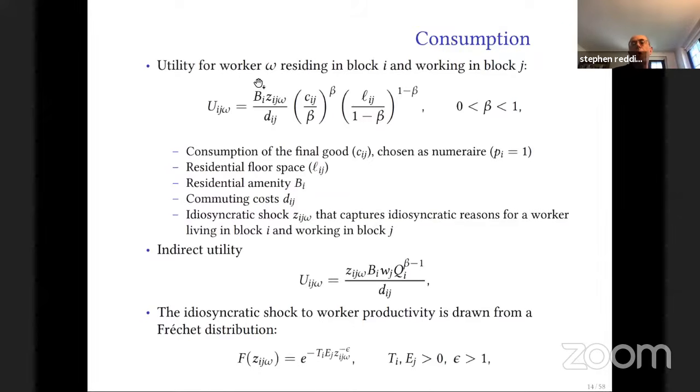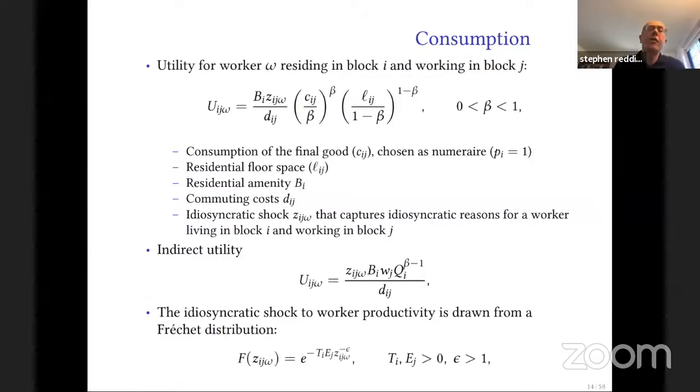It also depends upon amenities where they live, capital B. And this capital B here is going to include both exogenous and endogenous amenities. I'll talk about how we split them out later. And then the utility is going to depend upon the commuting costs they face, commuting between where they live and where they work. That's going to be d_ij here. And this is going to be an iceberg commuting cost factor that's going to depend upon travel times.